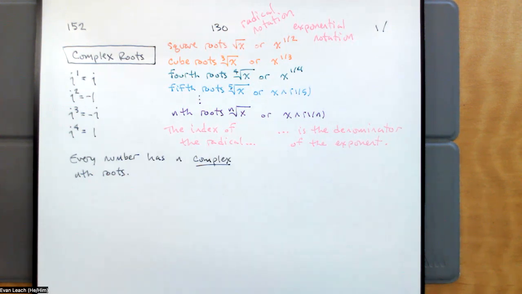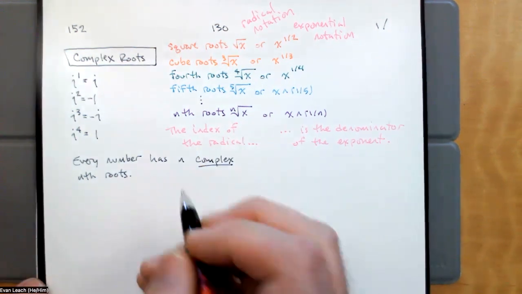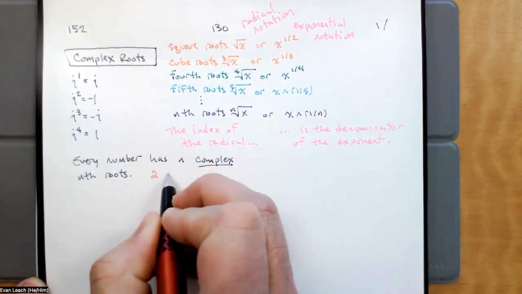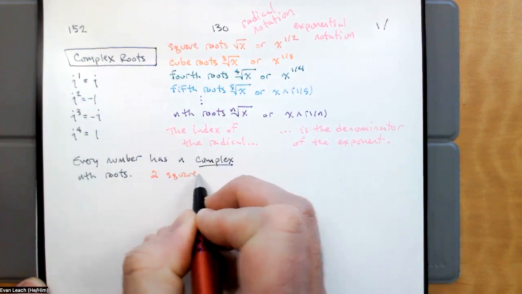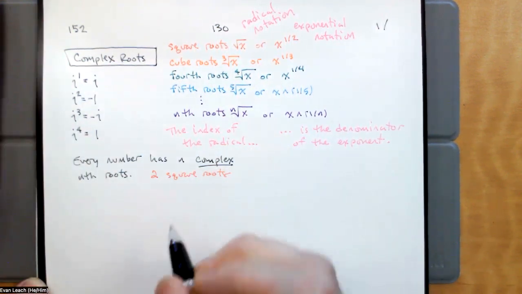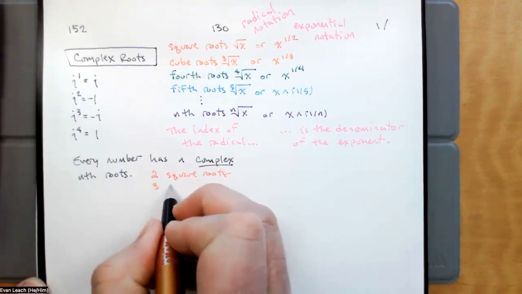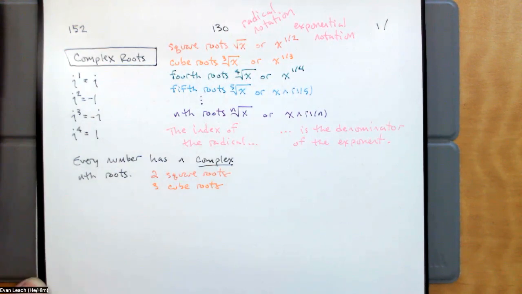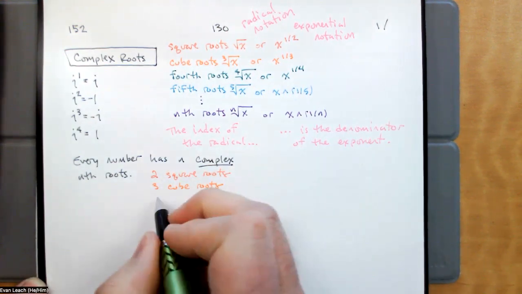There's always 2 square roots. There's always 3 cube roots. There's always 4 fourth roots.